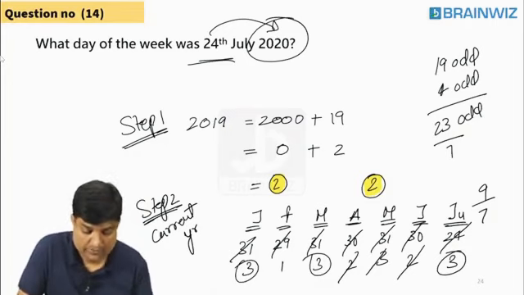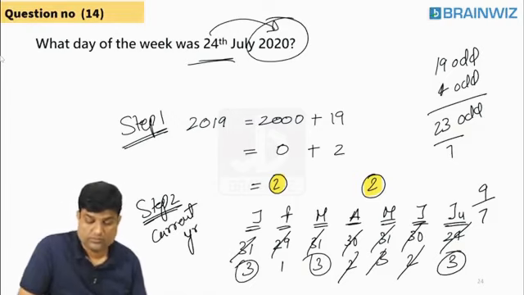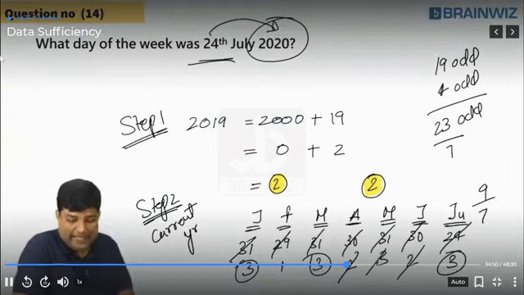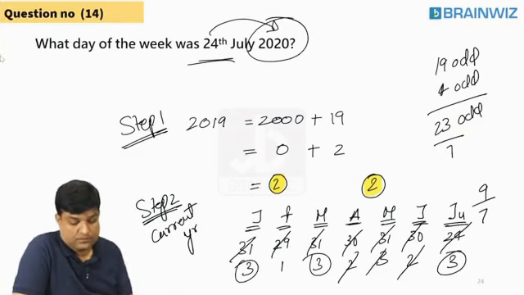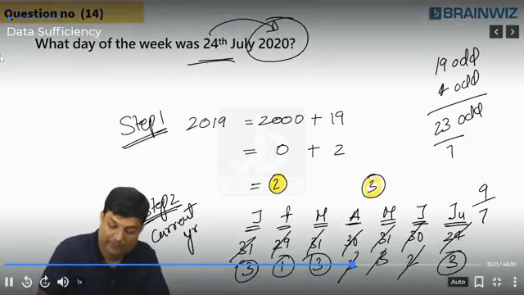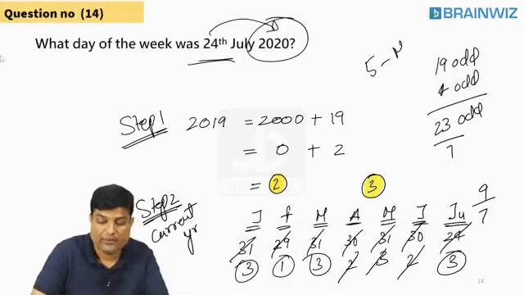Are you sure? We made a mistake. Students, any idea where we have made a mistake over here? Three. 2 plus 3, tell me, 2 plus 3, 5. The students, 5 stands for Friday, not Monday.